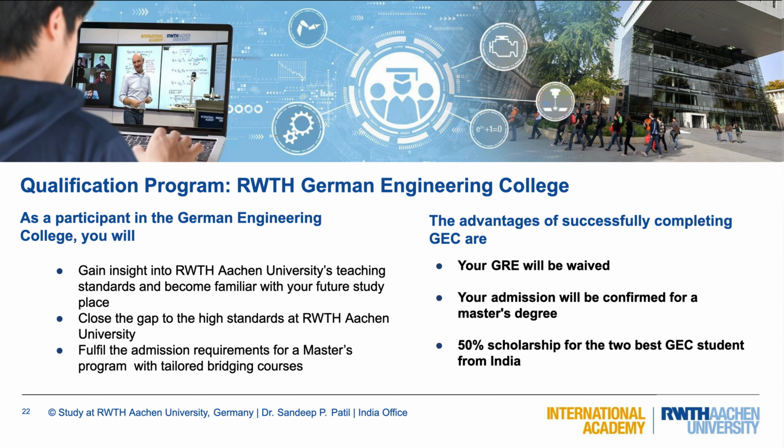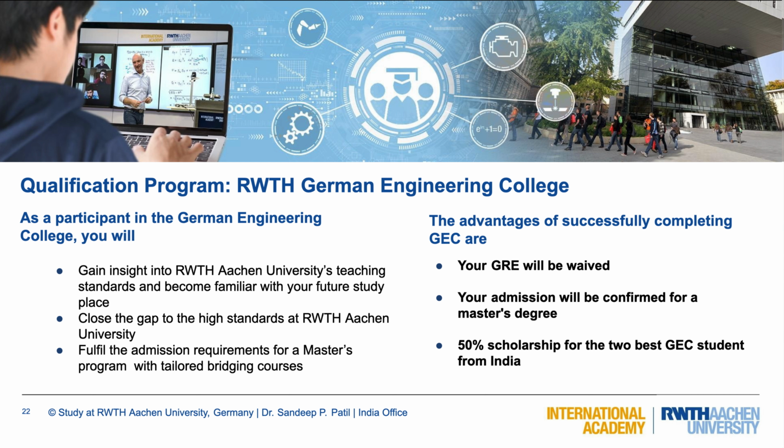So those students who are planning for 2027, the master's qualification program, which is the RWTH German Engineering College, is very important. If you opt for this program, you will get a very smooth transition into the master's degree program. You don't have to worry about your GRE. GRE will be waived. You will get confirmed admission to the specific master's degree program you are targeting.